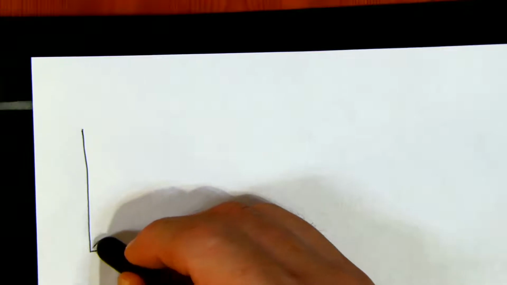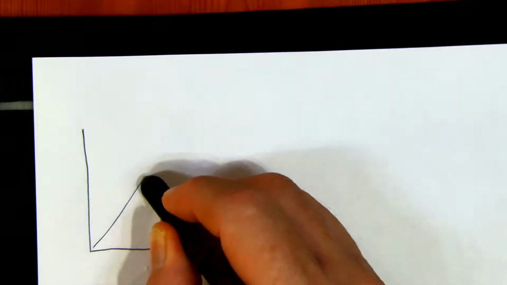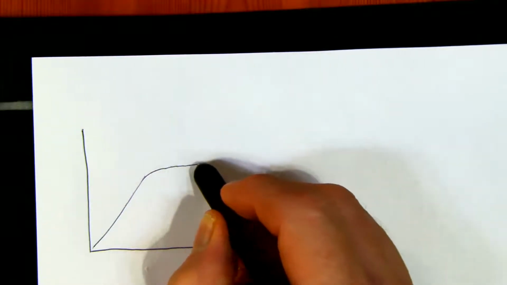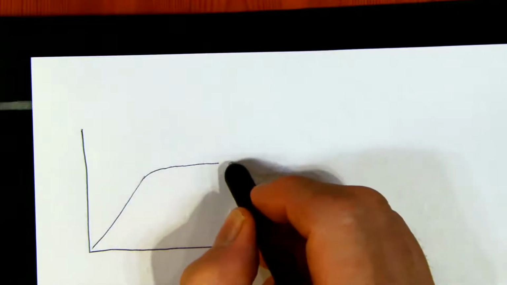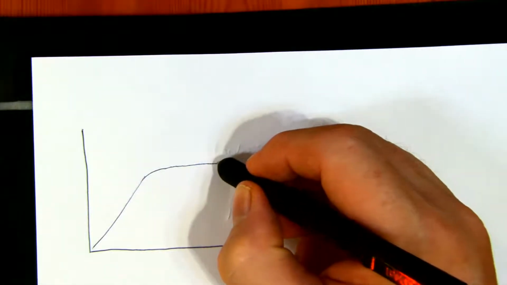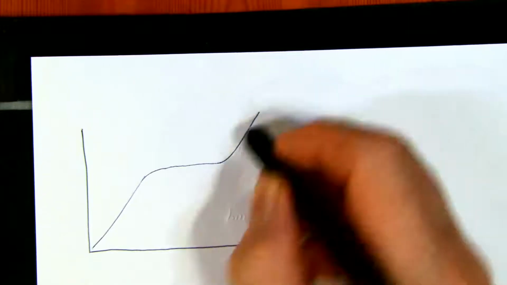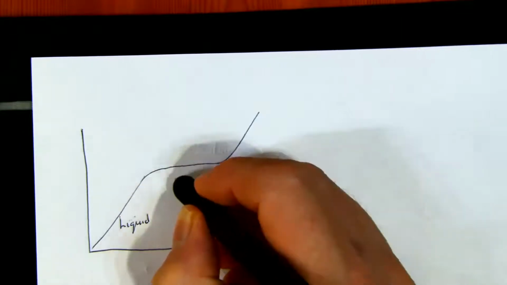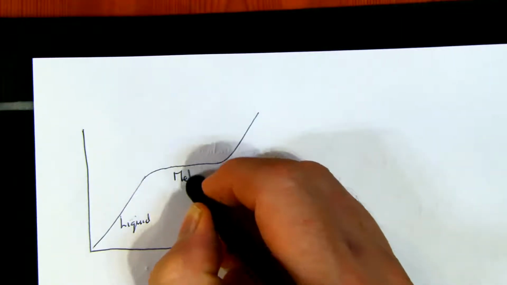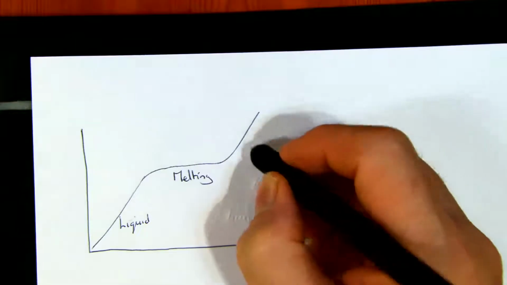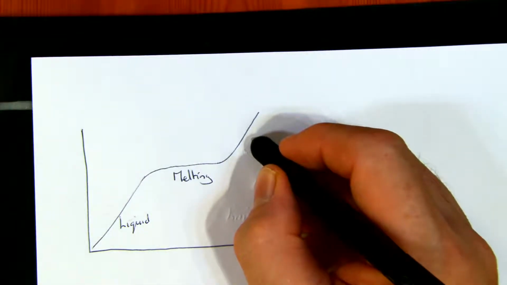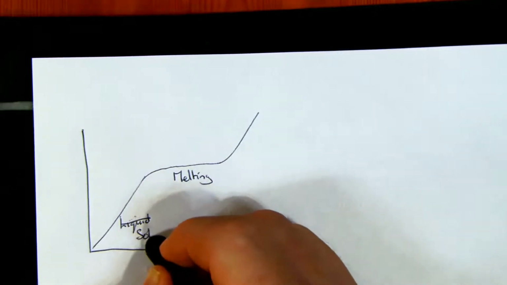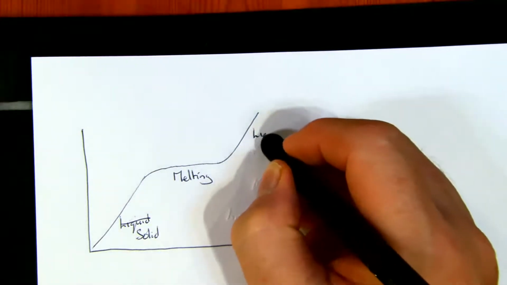We see that the heating goes at a fairly steady pace, and then it stays remarkably steady, and then once it's melted, we go up. So here we've got a liquid. Here we would have the melting phase, and here we're going to have, I got that wrong, didn't I? Sorry, we have the solid, and then we go to the liquid.